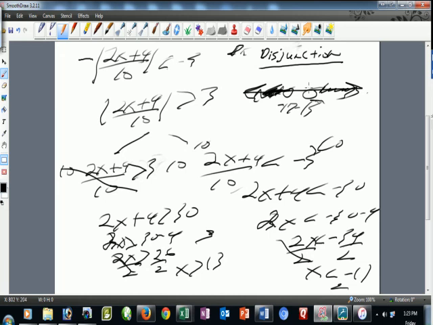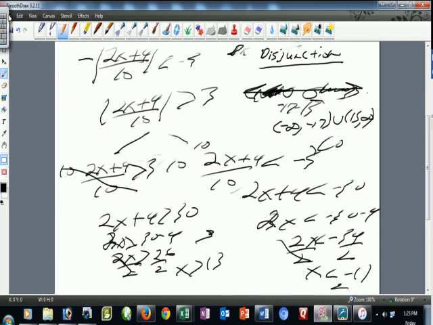It's not connected, so in interval form, it's just gonna get nasty, bear with me. It goes from where? Negative infinity to what? Negative 17, or 13 to what? Infinity. That's your interval notation. That is your disjunction.